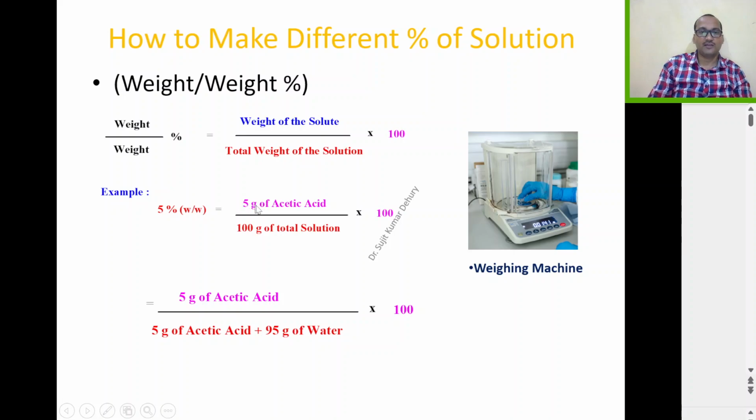We have to take 5 gram of acetic acid by using the weighing machine, and transfer that into the volumetric flask, and the total mass of the solution should be 100 gram. Since we have added 5 gram of acetic acid, we need to add 95 gram of water, so that the total mass of the solution is 100 gram.